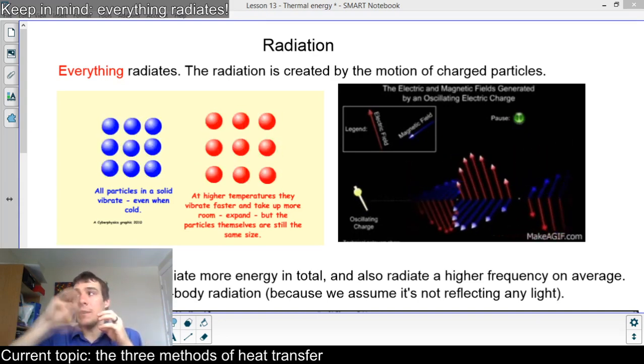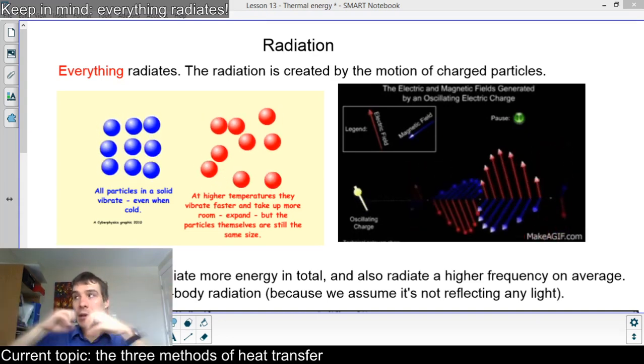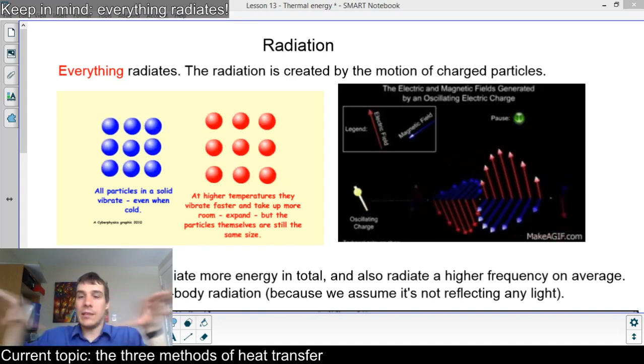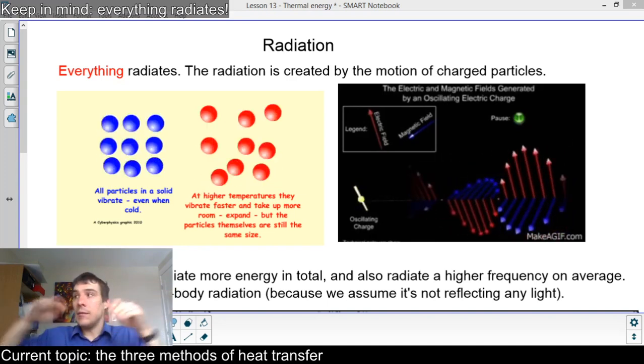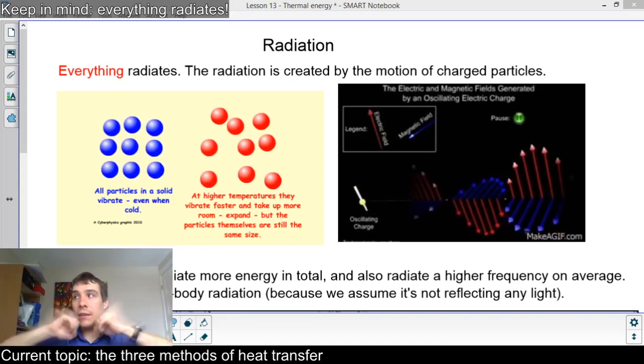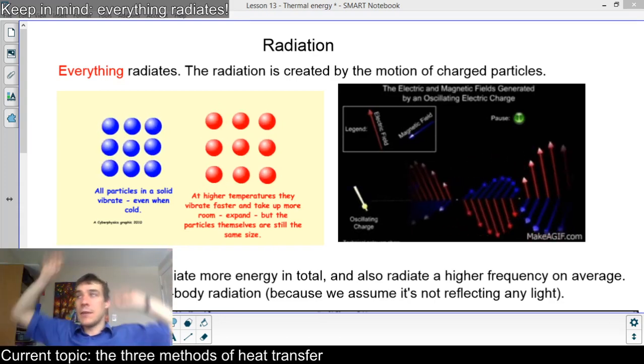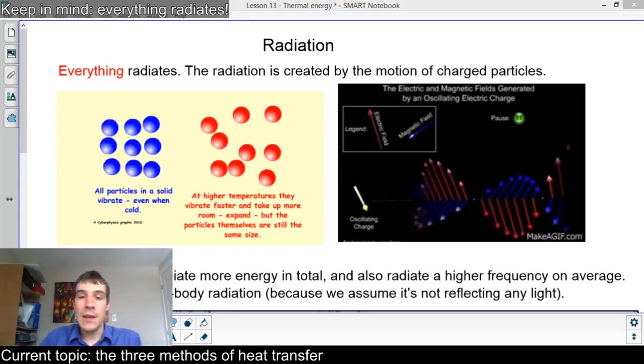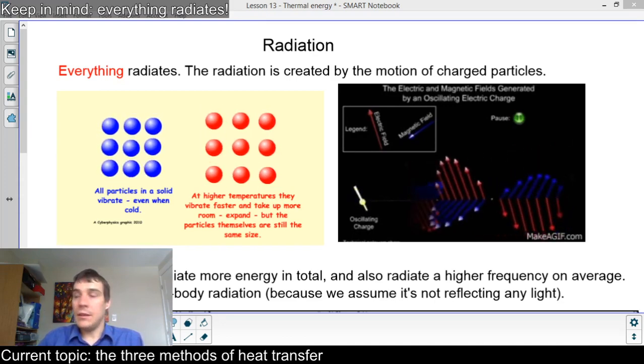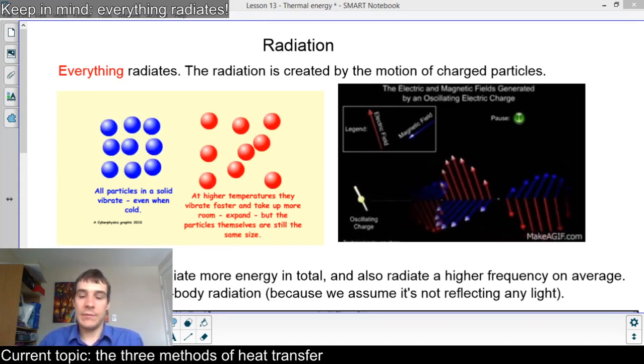My particles are moving faster, so those waves coming off of me, those infrared waves in the electromagnetic spectrum, are higher energy and leaving from me in all directions. That's how infrared cameras work.